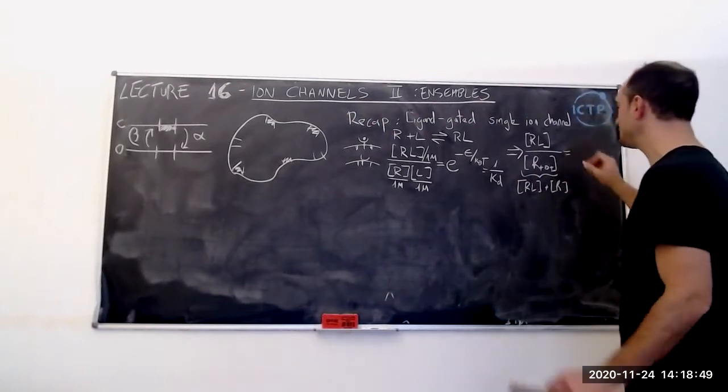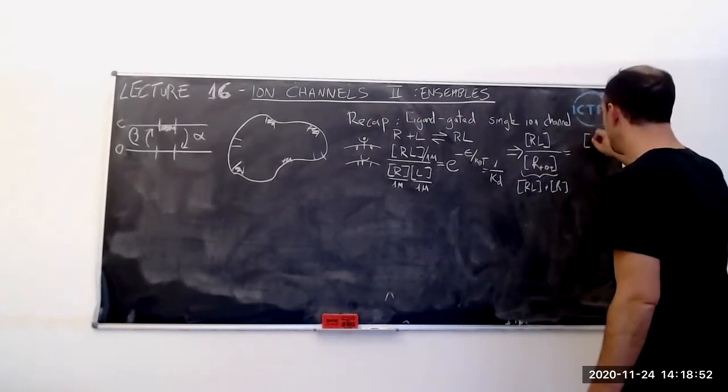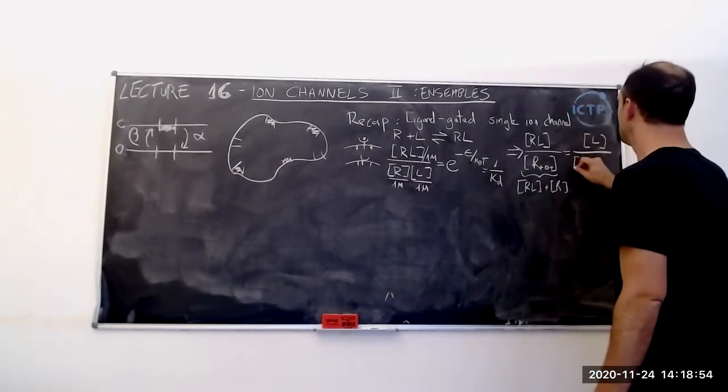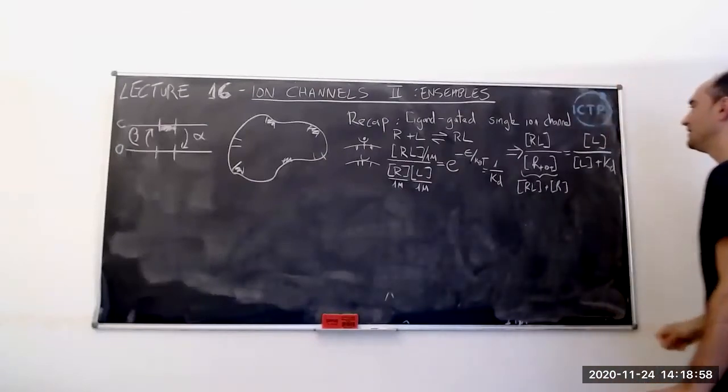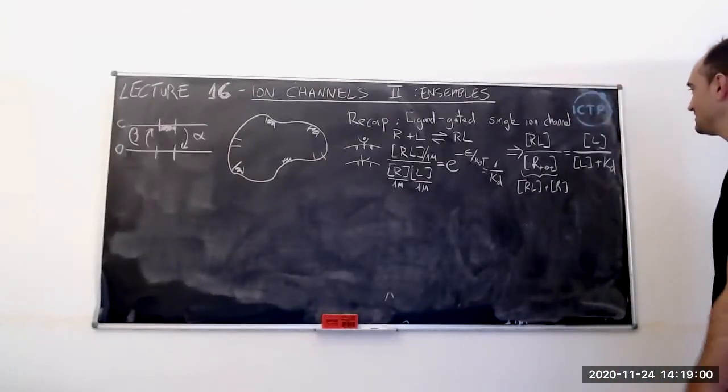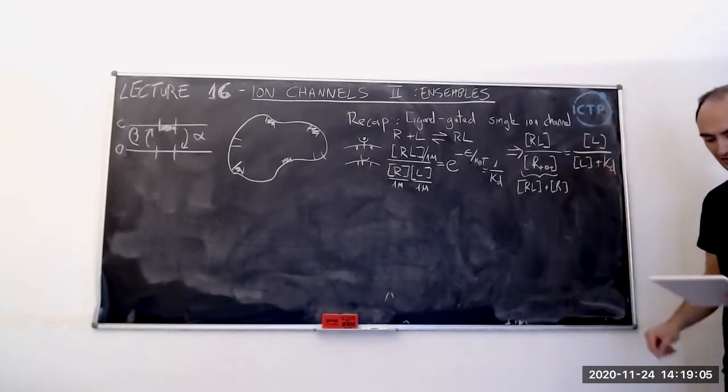This was equal to L divided by L plus the dissociation constant. And what I explained in the last lecture is that this is non-linear with the concentration of ligand.